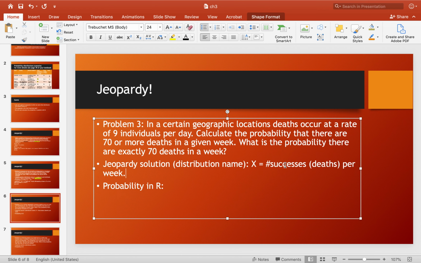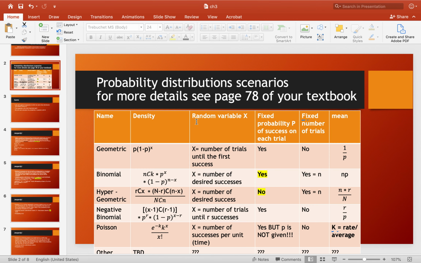Well, have we seen something that emphasizes the per unit before? I have no probability of success given. And here, this Poisson one says probability of success is not given. And it also says there's not a fixed number of trials.